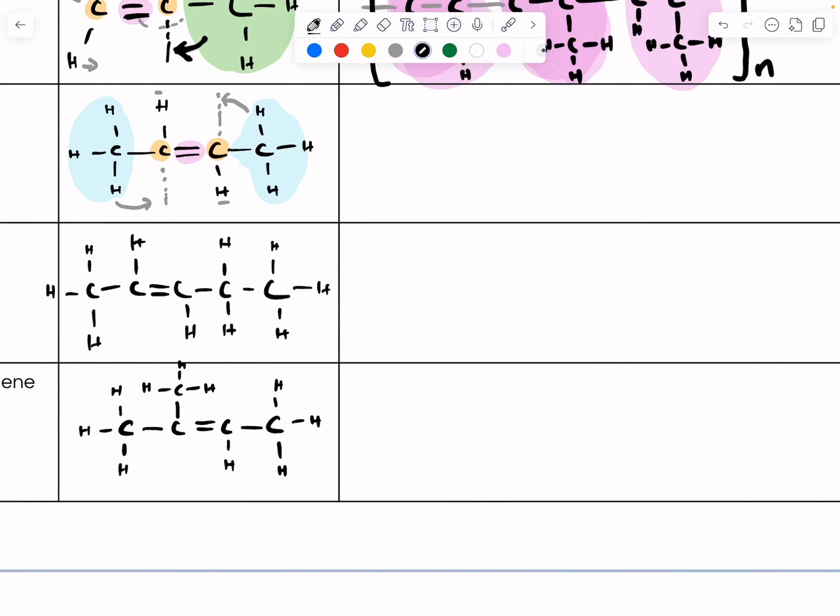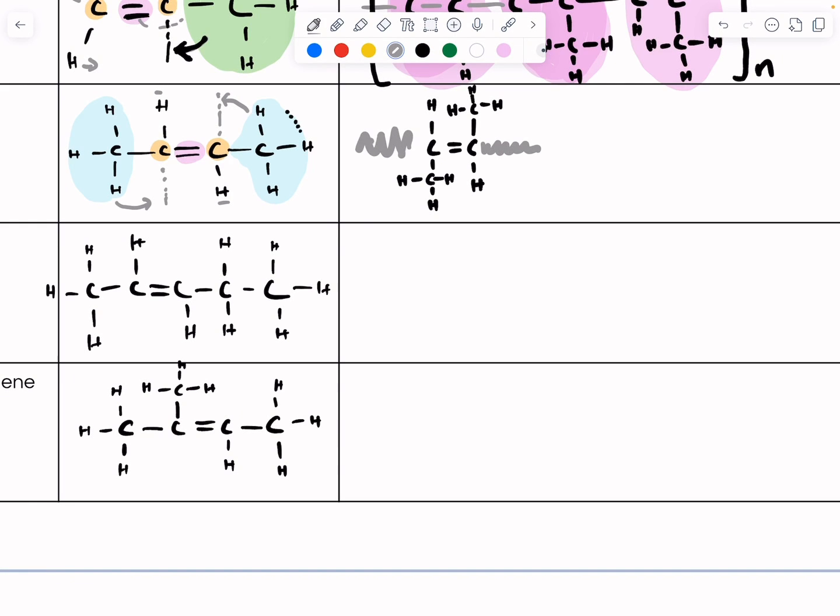So starting off with that double carbon bond, we've got those hydrogens which are nice and out of the way. This blue group over here, I'm going to move it so it's over here. And then again I'm going to move this blue group down here. Cool. Now you can see that there's space.